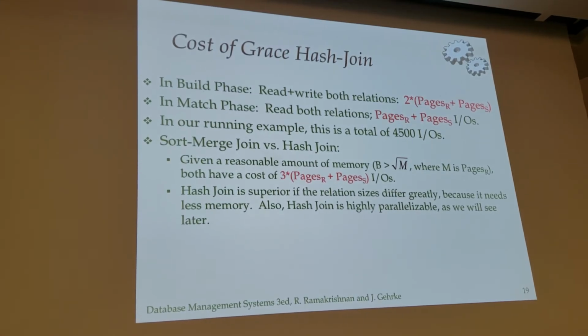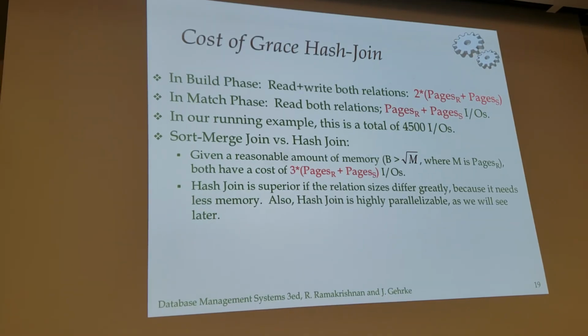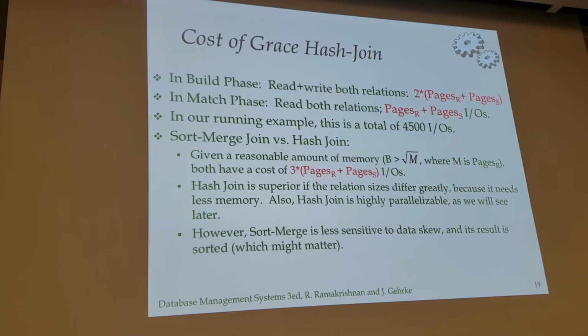Hash join also, as we will see later in this course, toward the end, is extremely parallelizable, more parallelizable than sort merge is. Parallel is good. Parallelism gets used all over the place like crazy, because CPU and memory are much cheaper than they used to be. But sort merge is less sensitive to data skew.